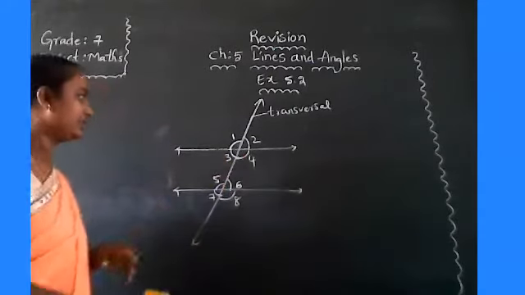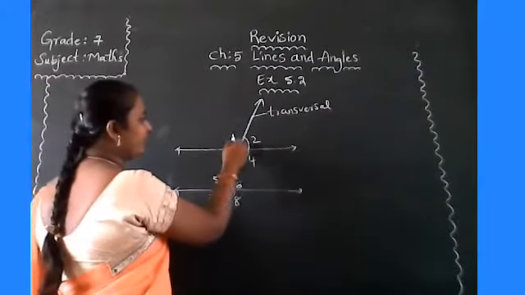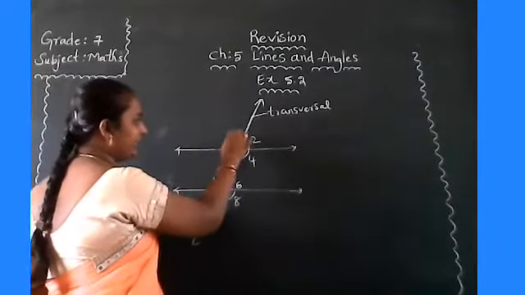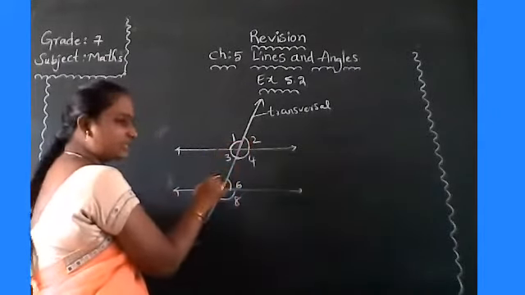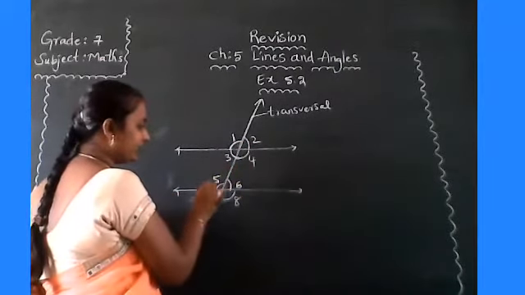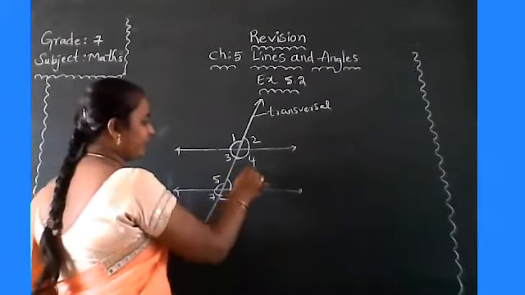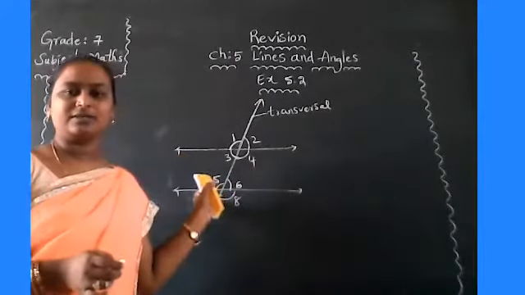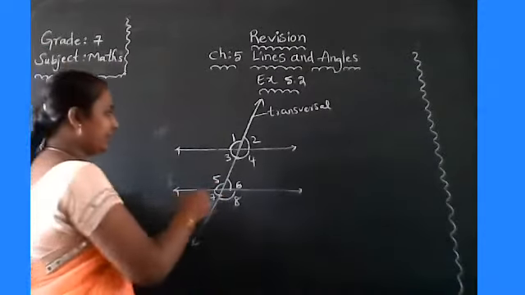So let us check these: 1, 2, 3, 4, 5, 6, 7, 8. Here angle 1 corresponds to 5, 2 corresponds to 6, 3 corresponds to 7, 4 corresponds to 8. So these angles are called corresponding angles.